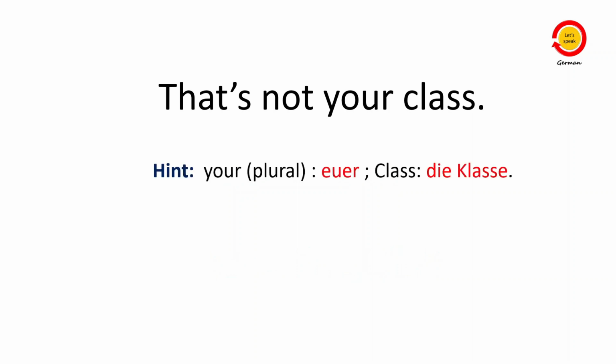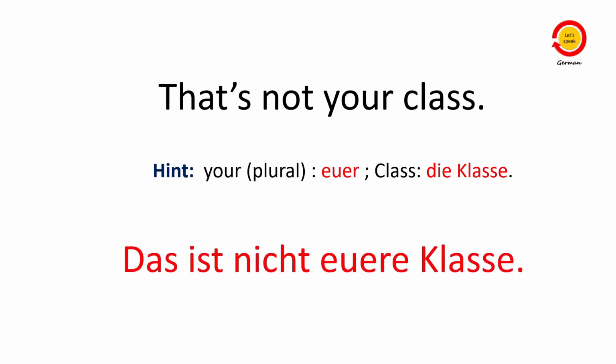If we consider your as plural here, it takes euer, and class is die Klasse. Das ist nicht eure Klasse. If you have doubts on where to use the negating words nicht and kein, please refer to the lesson 6 of the series, whose link is given in the description below.